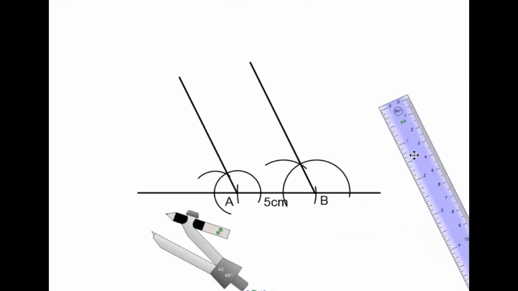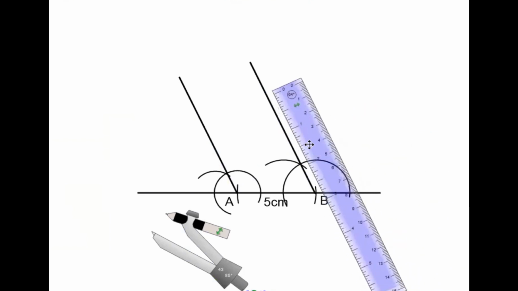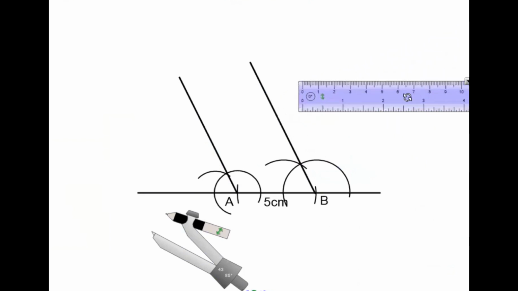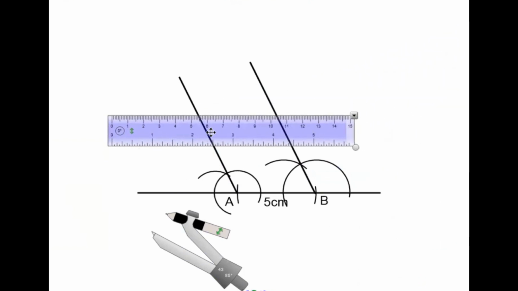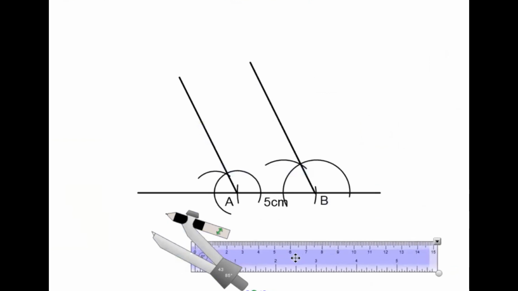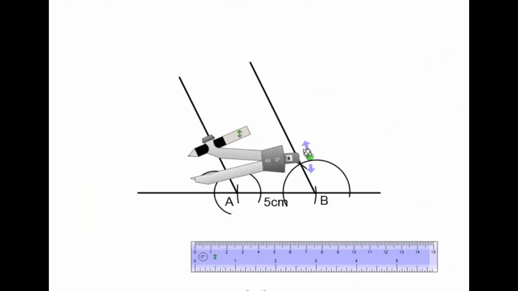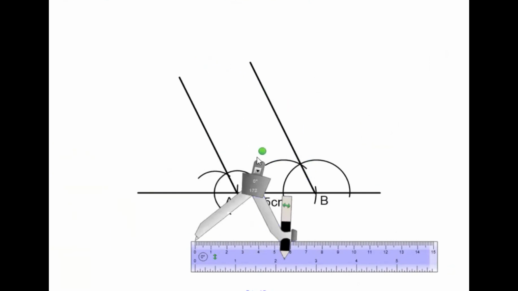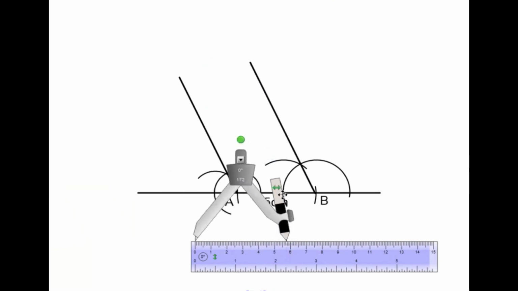So the next thing I do is that, given the question, side BC is 6.4. So we need to bring a compass and measure 6.4. 6.4 is there.